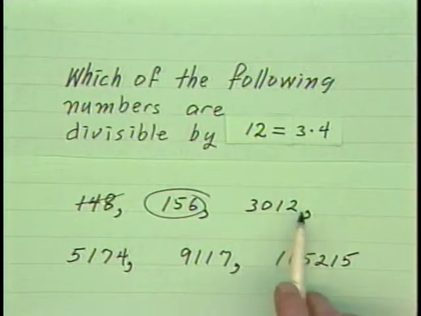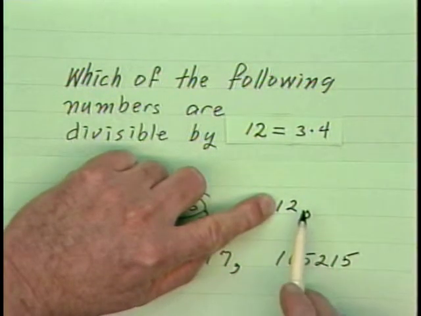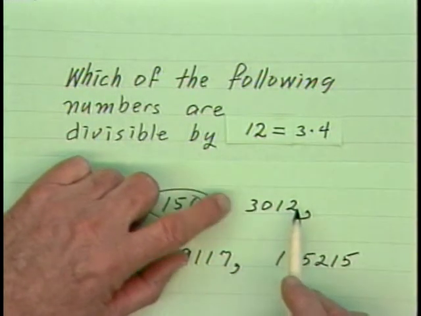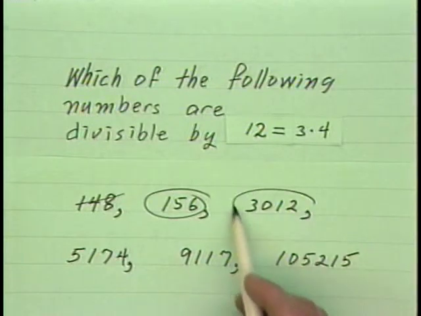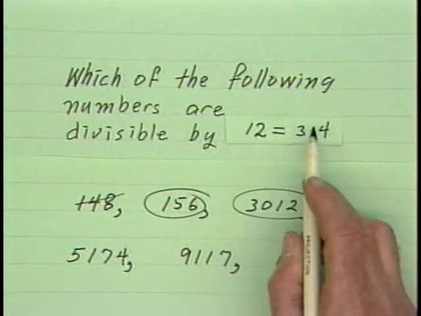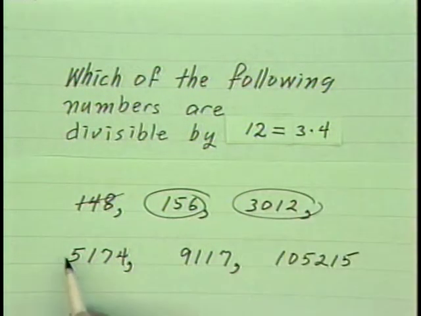Okay, 4 will go into the end 2 digits, so this is divisible by 4. 3 and 1 and 2 is divisible by 3, so this is divisible by 12. In this case, let's check for 3 first. 5 and 1 is 6, and 7 is 13, and 4 is 17. 3 won't go into 17, so we won't waste our time with that.